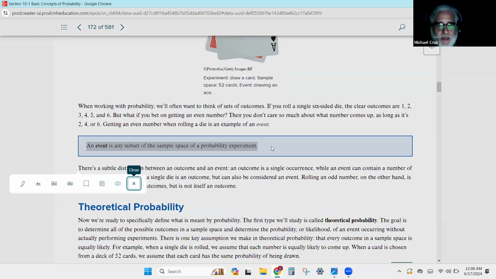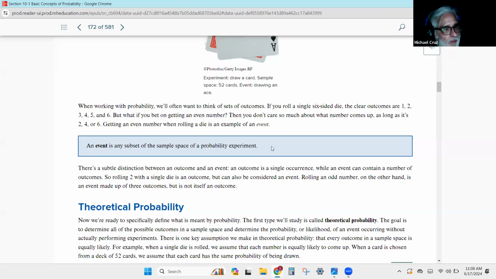And an event is just a subset, going back to the idea of chapter 2. It'll be some part of what exists in the experiment. We could say rolling an odd number on that die, rolling an even number, rolling a number greater than 5. We could break it up any number of ways.